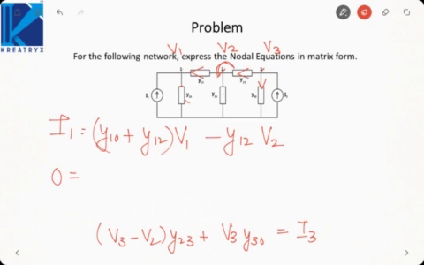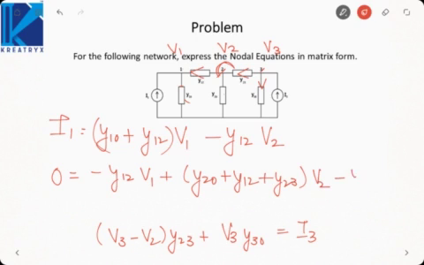If we simplify the second equation, it will become 0 is equal to minus Y12 V1 plus (Y20 plus Y12 plus Y23) V2 minus Y23 V3.